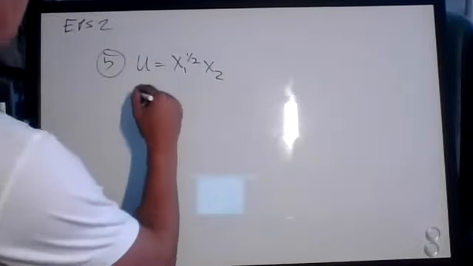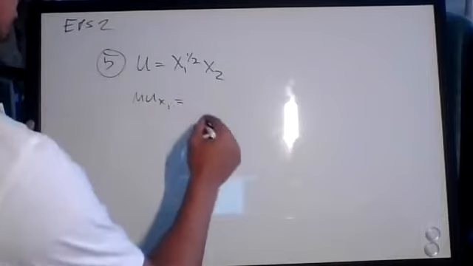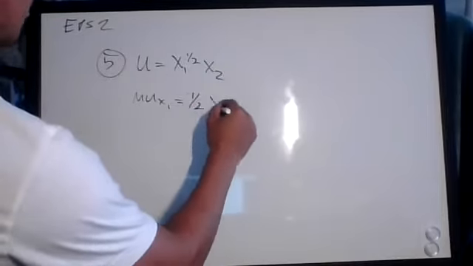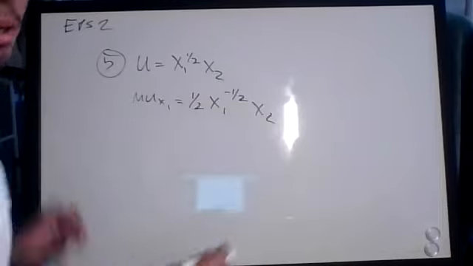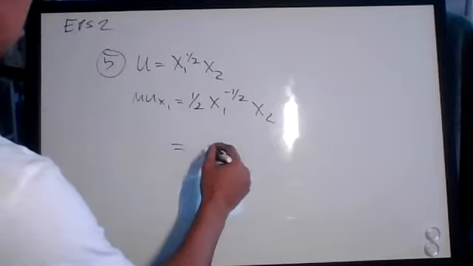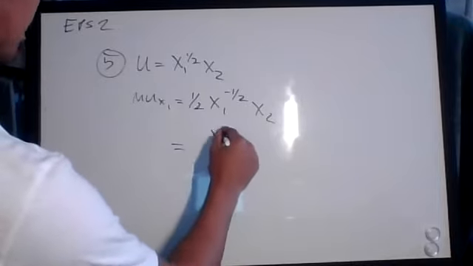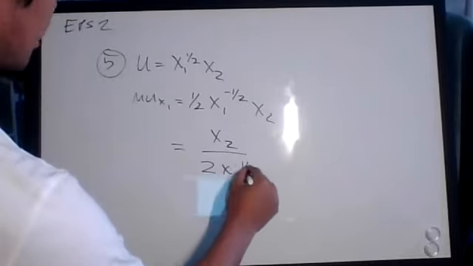So marginal utility of x1, and this is just good practice for derivatives, is 1/2 x1 to the negative 1/2 x2, and this is all equal to x2 over 2x1 to the 1/2.